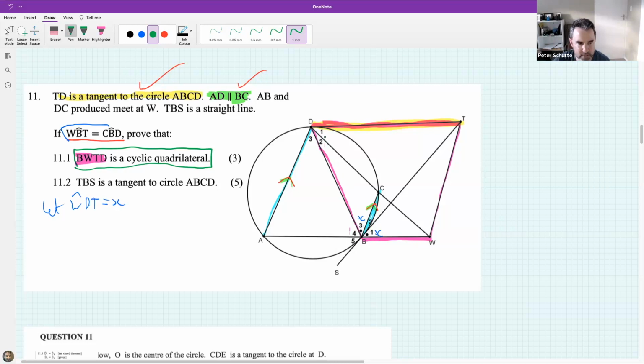But maybe could we say, what about the tangent up here? At the moment, we know these two things over here are x. Could we connect one of those things to the tangent up there?